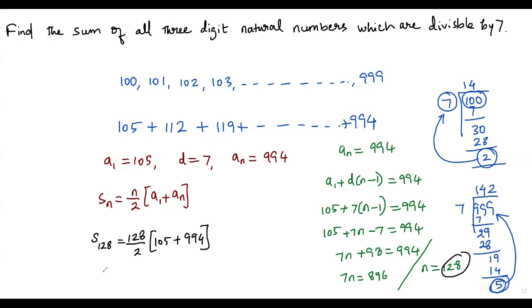When I divide 128 by 2, I am getting 64. When I add 105 and 994, I am getting 1099. Further, when I multiply 64 and 1099, I am getting 70,336. That is, the sum of all three-digit natural numbers which are evenly divisible by 7 is 70,336.